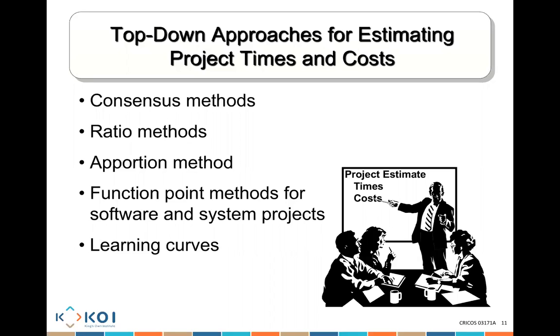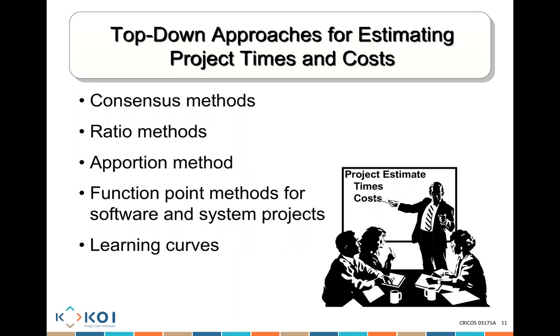A portion method is more about making it based on percentage. You say, okay, this software development project is 100% of my work. I'm going to divide it into 30% hardware, 40% software, 40% database. That's 100%.